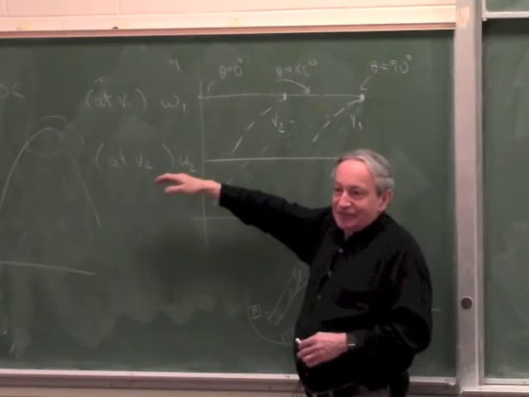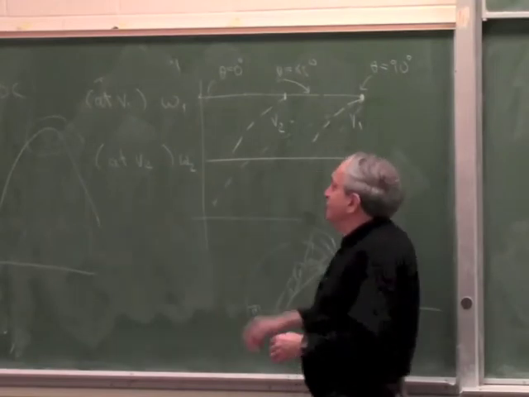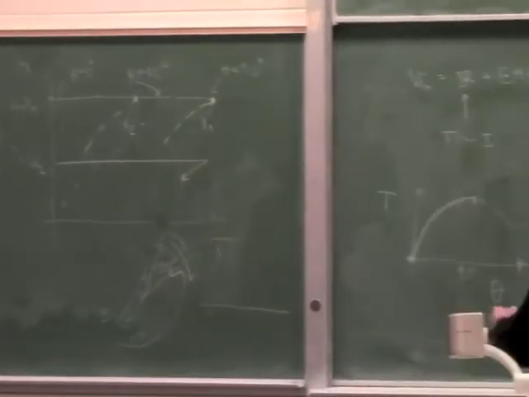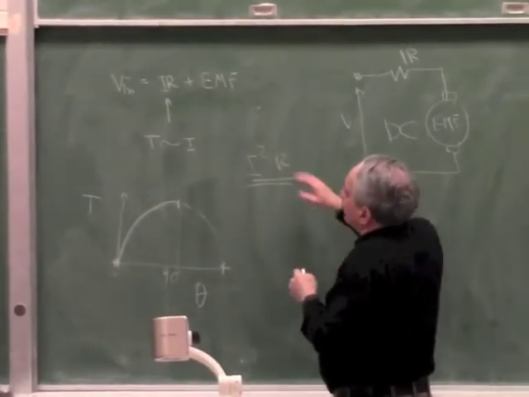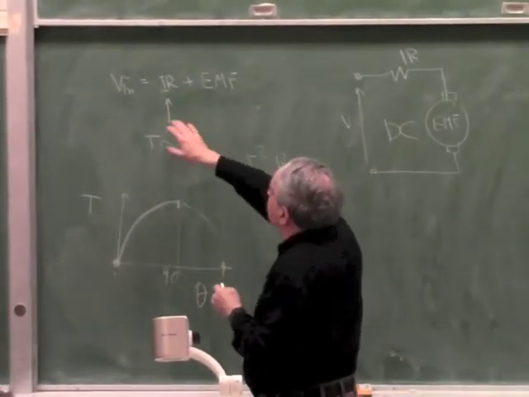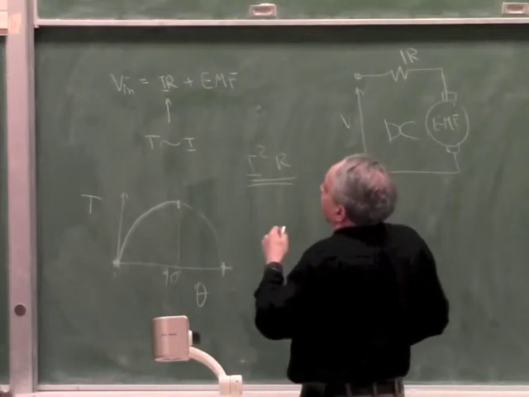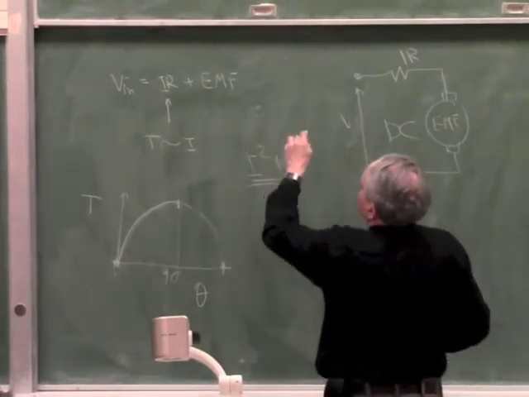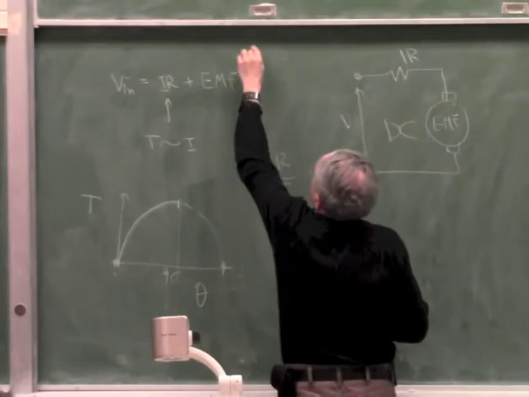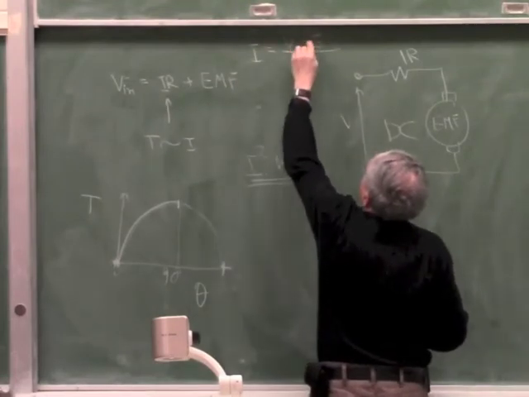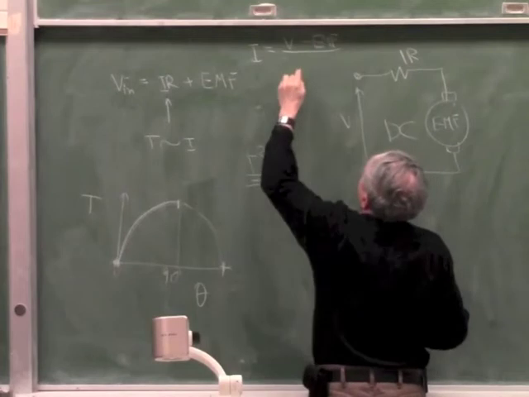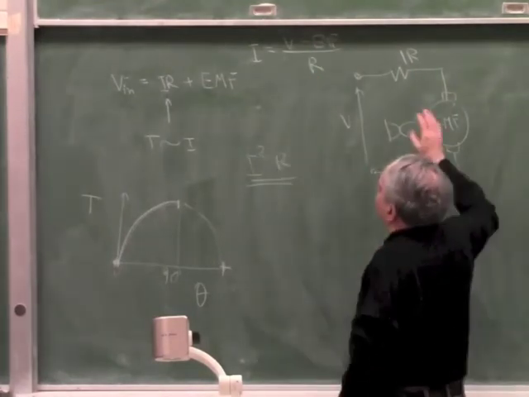And the reason why you have to change the voltage is that if you lower the frequency, you are also lowering the EMF. If it's not fully clear, just rewrite this equation the way we wrote it for the DC motor: I is V minus EMF divided by R, or divided by Z. Okay?